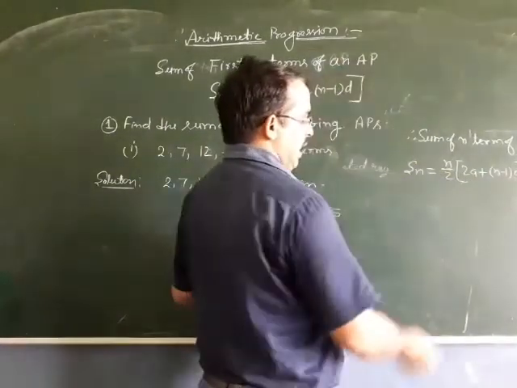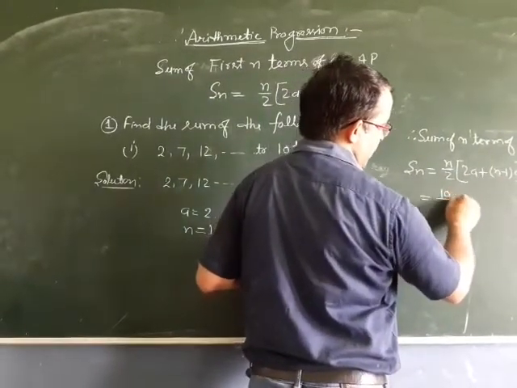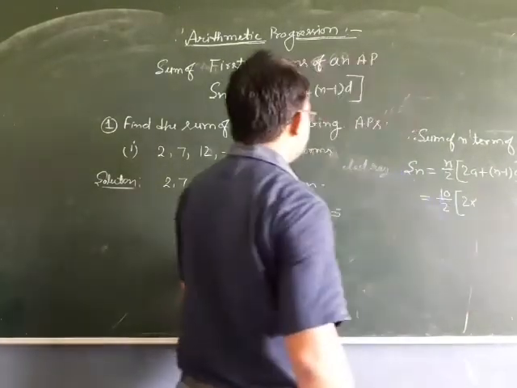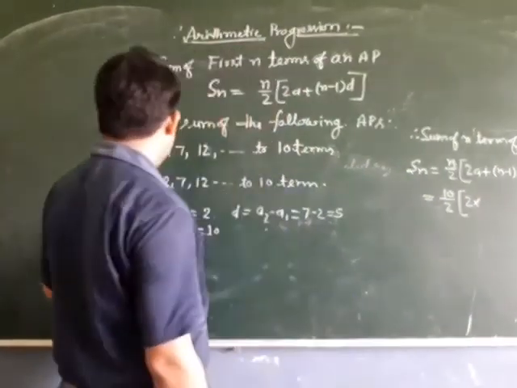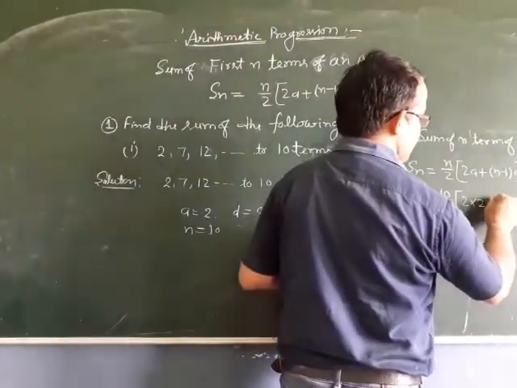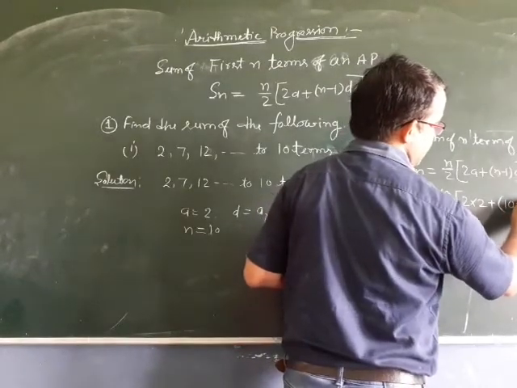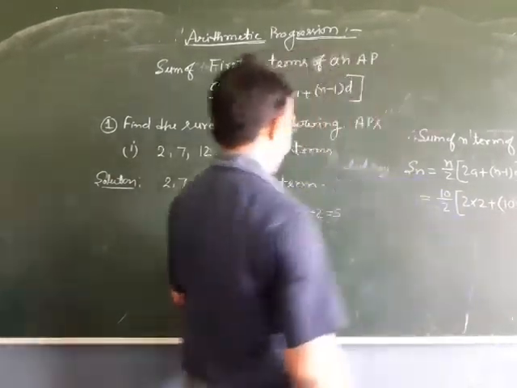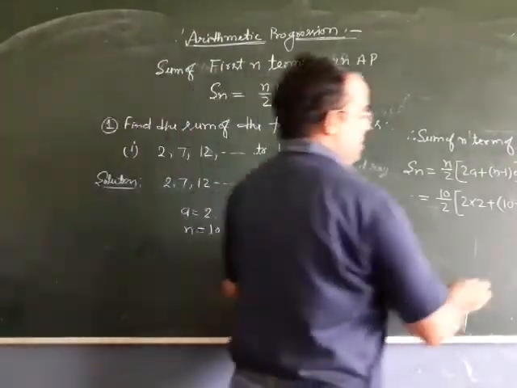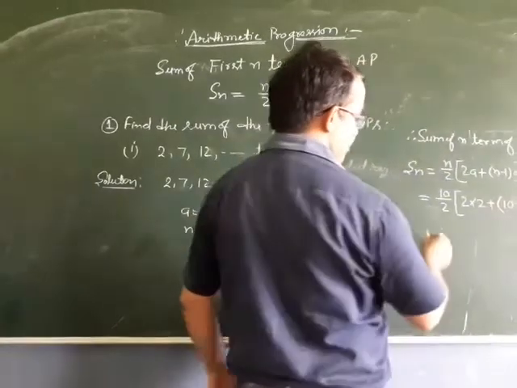Here n is equal to 10, so 10 by 2, 2 into a, where a is equal to 2, plus (10 minus 1) into d, where d is equal to 5. The common difference is 5.